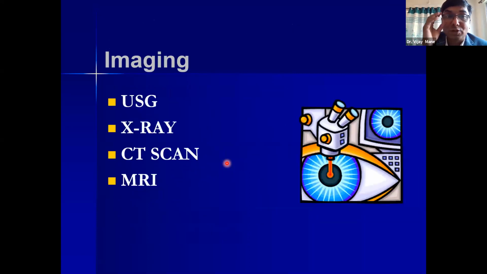Other techniques are also there, but are rarely used for detecting diseases inside the eye. For example, ultrasonography, X-ray, CT scan, and MRI. X-ray, CT scan, and MRI are typically used to detect neuro-ophthalmology related diseases. Ultrasonography is rarely used.